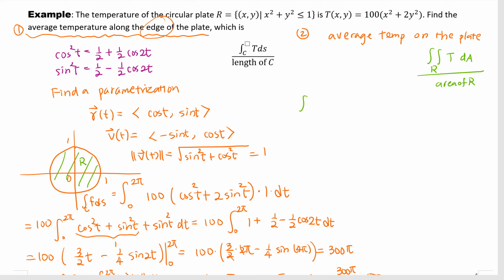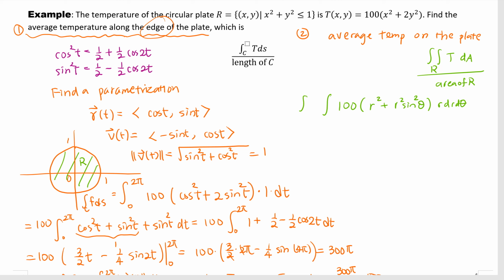So let's use polar coordinates. T is 100 times x squared plus 2y squared. You can think of it as x squared plus y squared plus y squared. So then we have r squared plus r squared sine squared theta, and then we have r dr d theta.